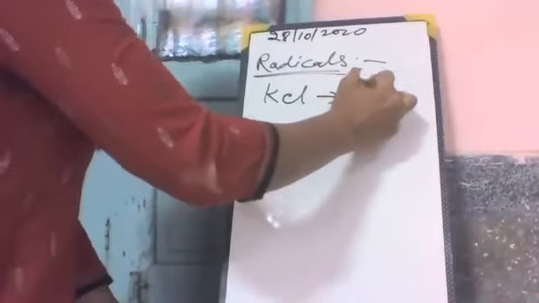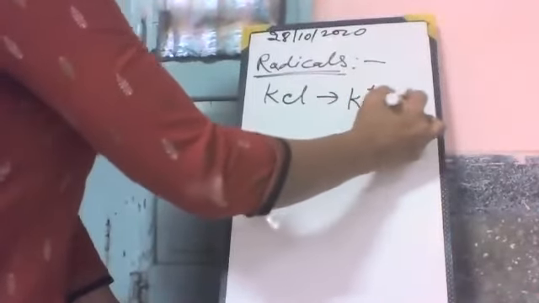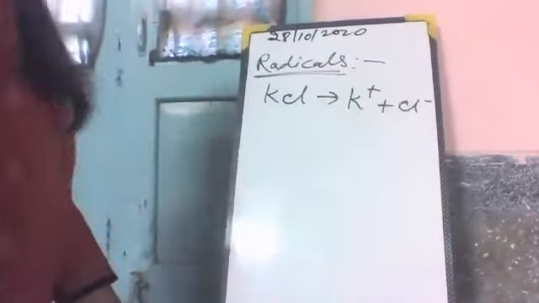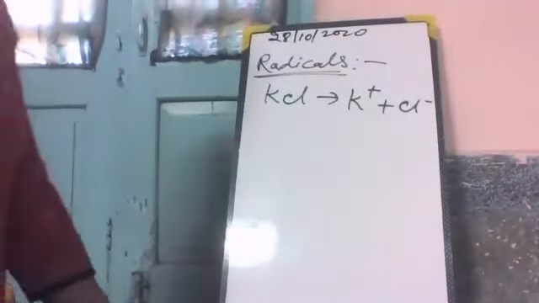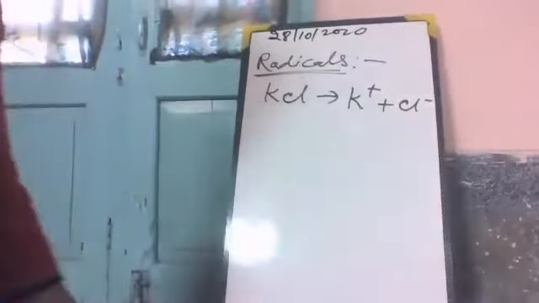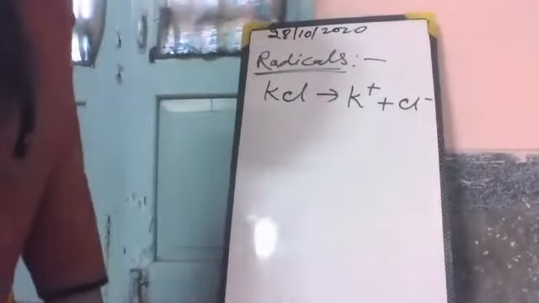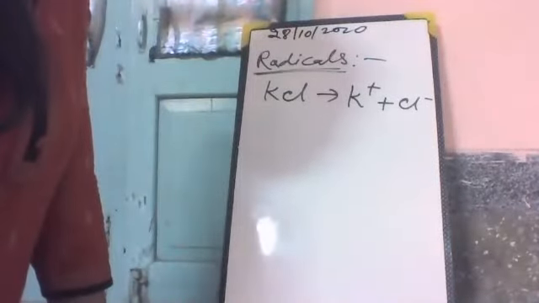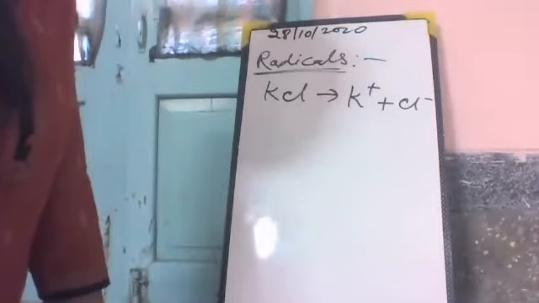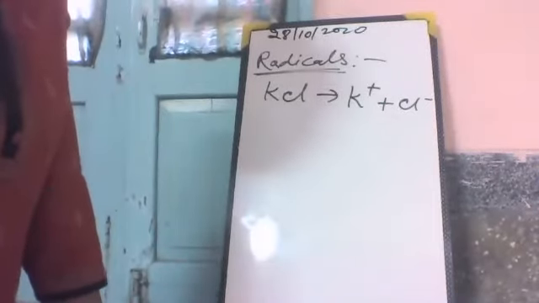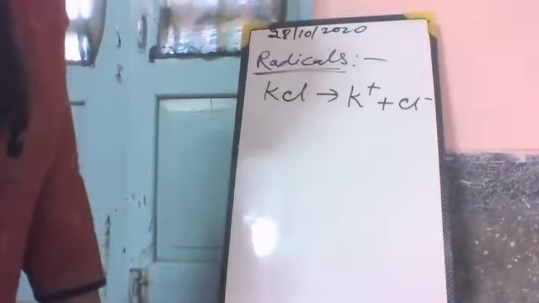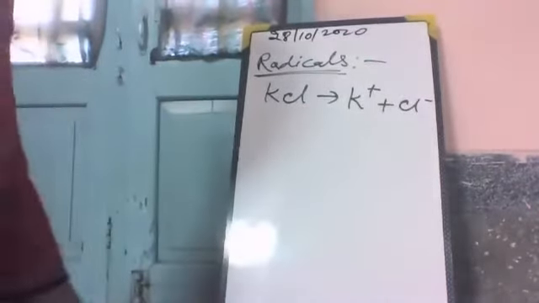It splits into calcium plus ion and chlorine minus ion. So due to this, there are two types of radicals. A radical is an atom or a group of atoms of the same or different element that behaves as a single unit with a positive or negative charge.